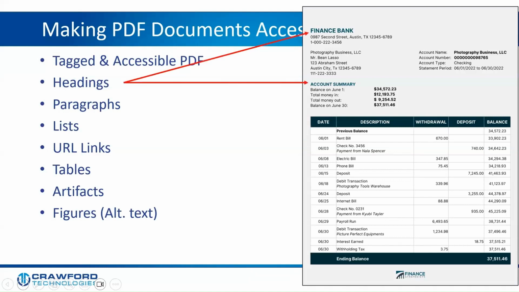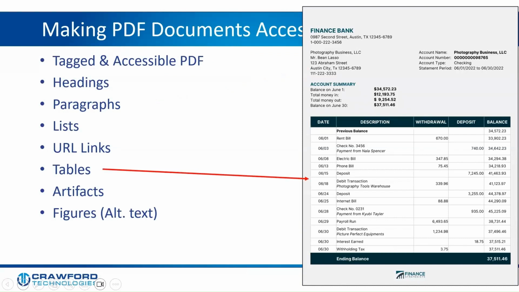So there are things like your headings, and those come at different levels. You'll have your heading 1, which may or may not be the title of your document, but will pretty much be the most important piece of information on the page. You've got your other hierarchies of headings that follow. You've got paragraphs, which are other bits of content that are contained within those documents. And then you have things like lists and URL links, and then tables.